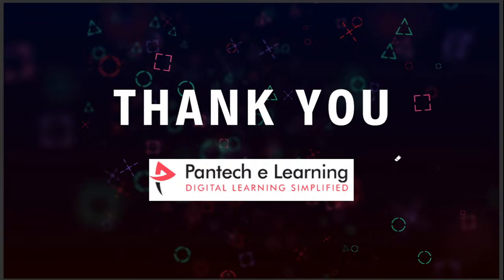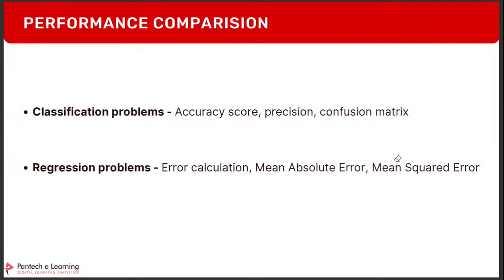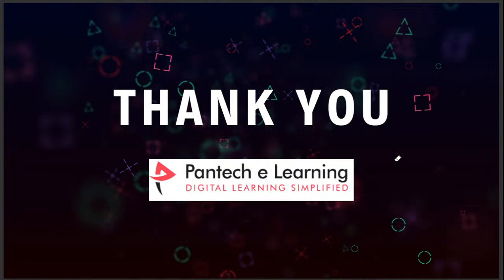In bagging we have random forest classifier and regressor. In boosting we saw AdaBoost and XGBoost, then the k-nearest neighbor algorithm. Then in clustering we saw k-means clustering, and model evaluation tools also. You can utilize these tools from sklearn.metrics. So that's it. Thank you.